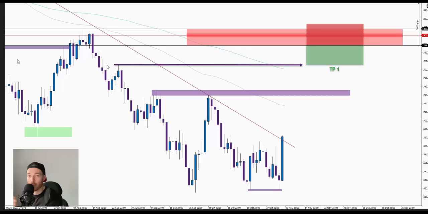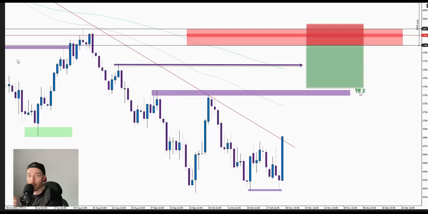So, possible second scenario, which can be part of the first one, is to split your TPs and get exactly the same entry, but leaving a fraction of your trade running to TP2.